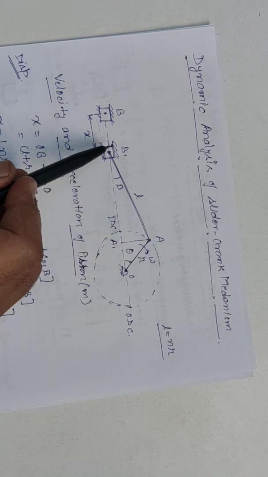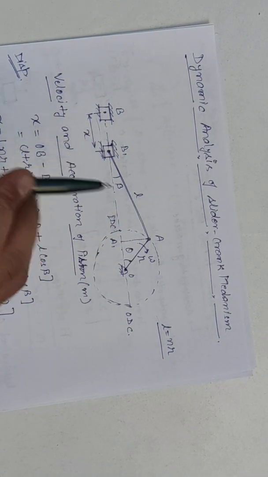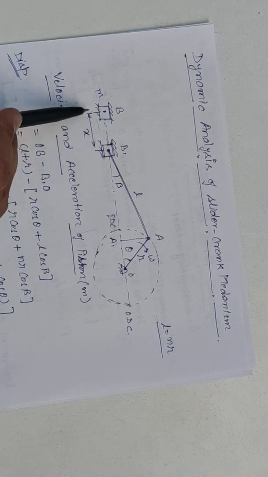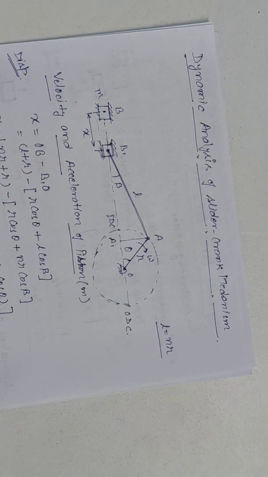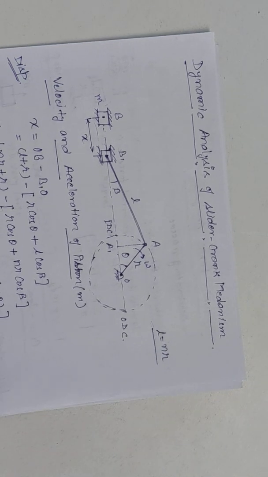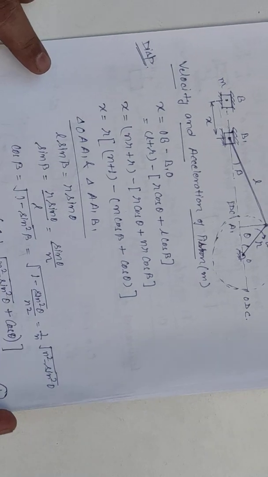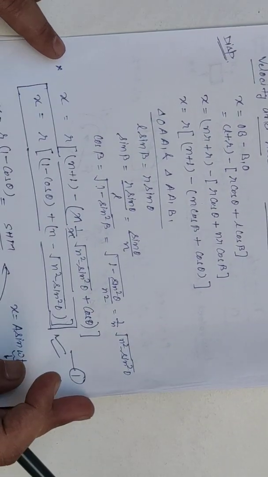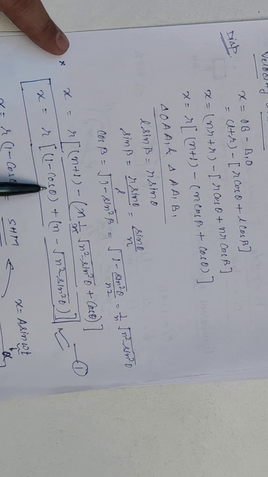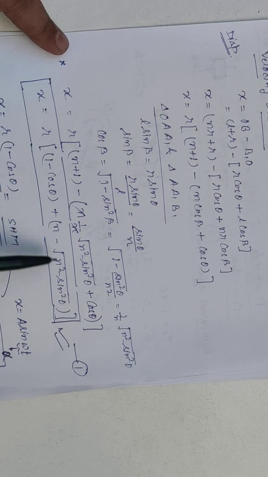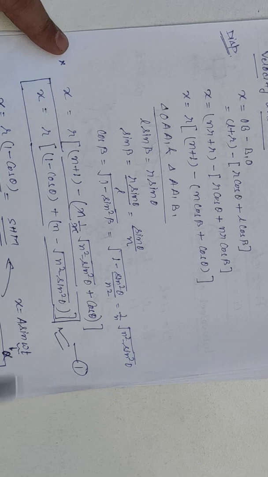And we have a piston of mass m which has the simple harmonic motion which we derived in the last lecture. First we calculated the displacement of the piston. The displacement was x is equal to r(1 minus cos theta) plus n minus under root of n square minus sin square theta.